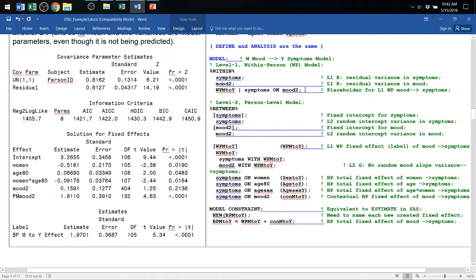But by invoking this placeholder right here, it automatically, without my permission and with no other option, switches this level 2 relationship to be the contextual effect instead of the between. I'm going to remove this so that we don't get confused later, but this is what it would look like if you wanted to estimate the random variance and its covariances instead.